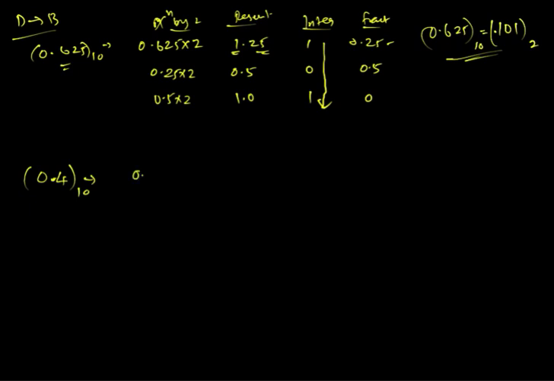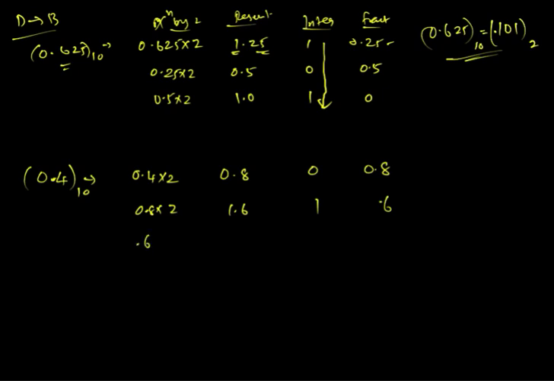For that I first multiply it by 2. The result is 0.8, the integer part is 0 and the fractional part is 0.8. Now multiply the fractional part by 2 again, the result is 1.6, the integer part is 1 and the fractional part is 0.6.